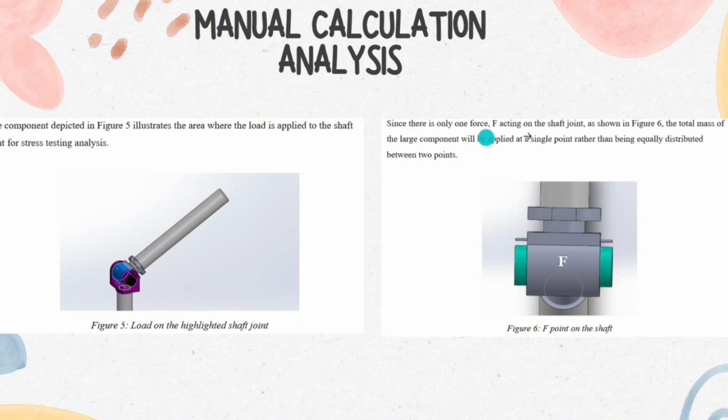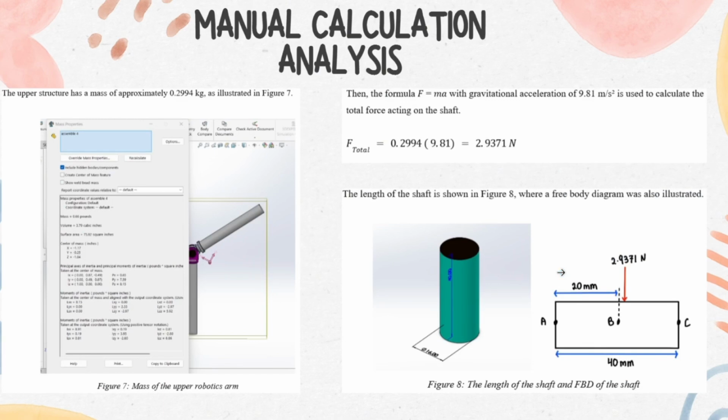Because, so you can see there is only one force, which is F on the shaft joint. For the manual calculation analysis from Figure 7, we know the mass of the upper robotic arm is approximately 0.2994 grams.